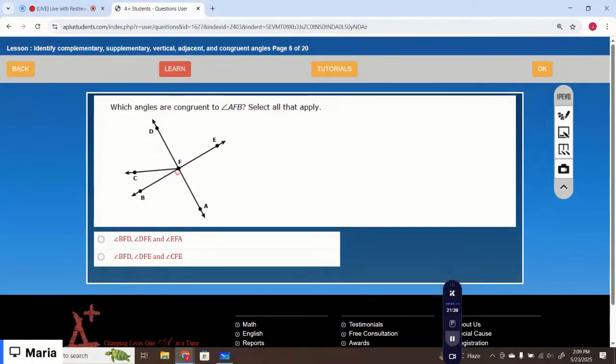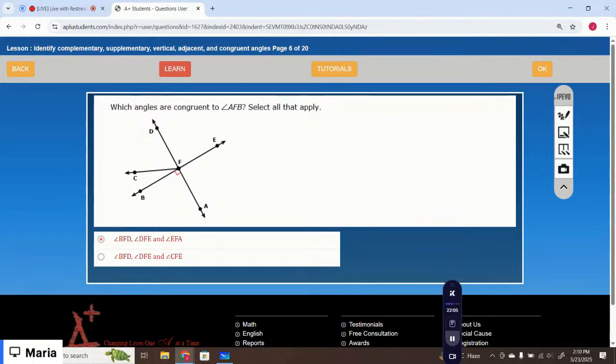Which angle is congruent to angle AFB? Option A is the correct option. That is EFD, EFE, and EFA.